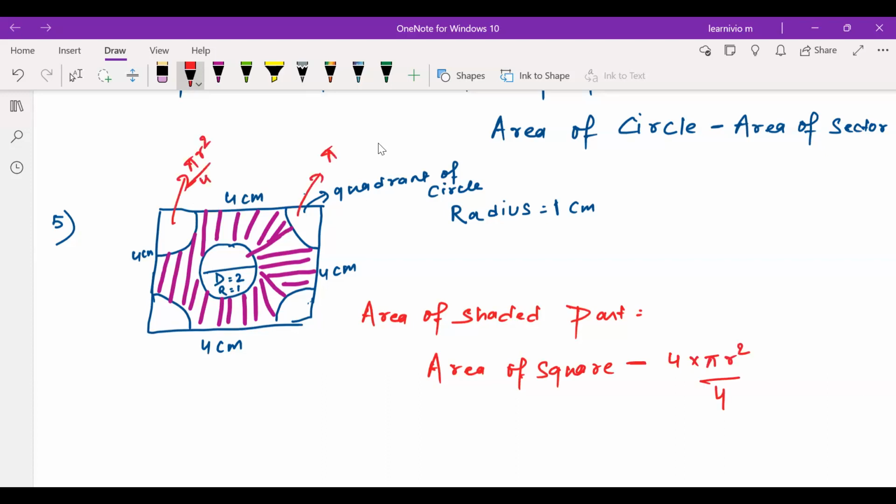This one will follow the formula pi r square over 4. This one is also following the formula pi r square over 4, and this one is also one fourth part of the circle.